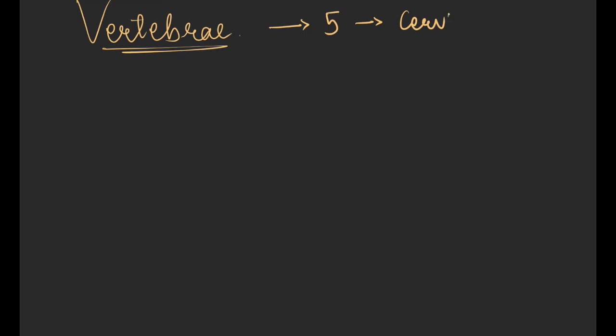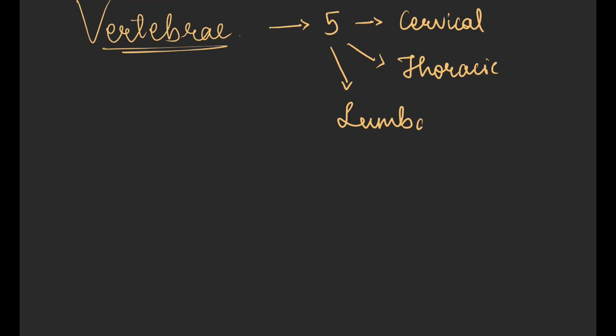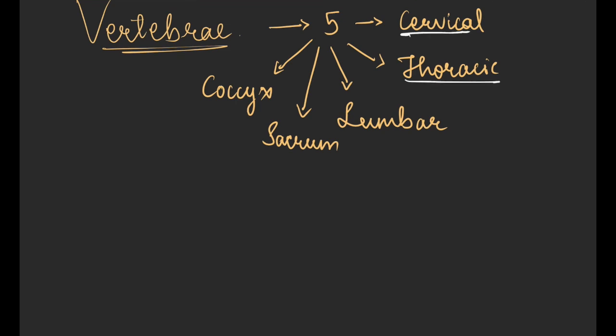Cervical, thoracic, lumbar, sacrum, and coccyx. These are the five parts of vertebrae, and each has its own number.